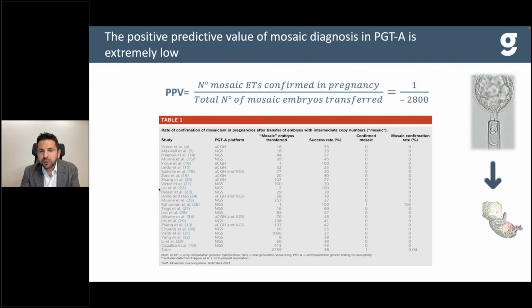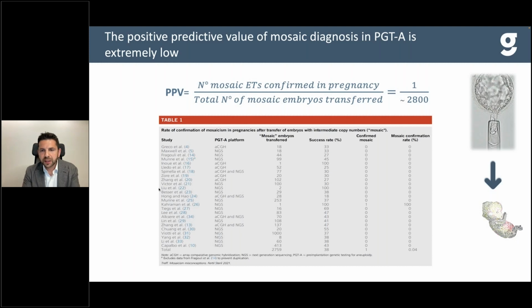What is important also for us to know and to discuss is, is there any risk in pregnancy when we transfer mosaic embryos or putative mosaic embryos? In this table, you can see a collection of data that was recently published by Nathan Treff and colleagues.